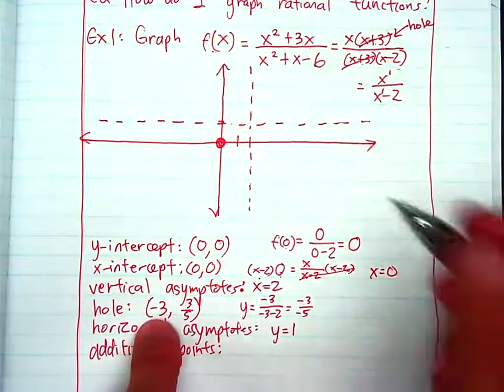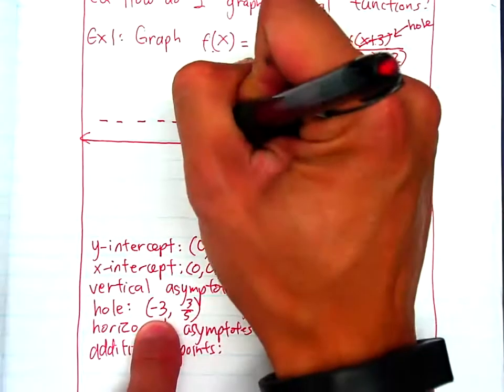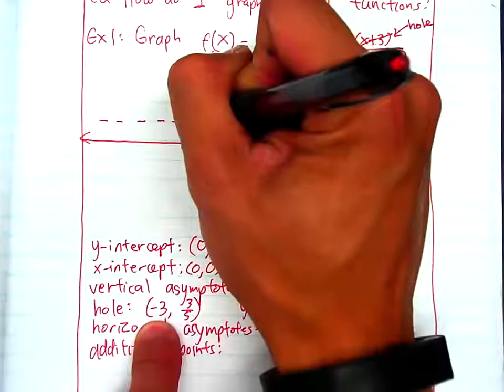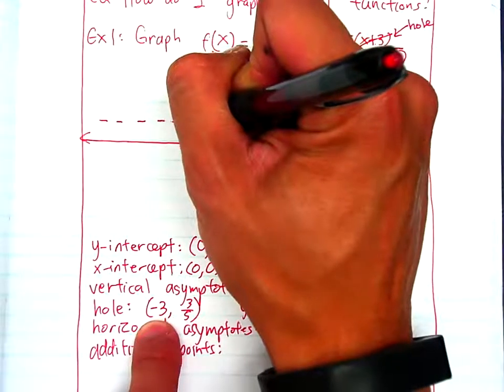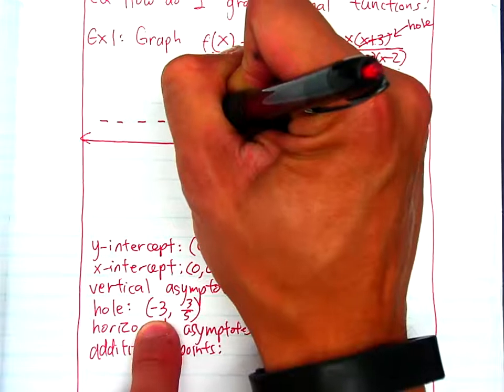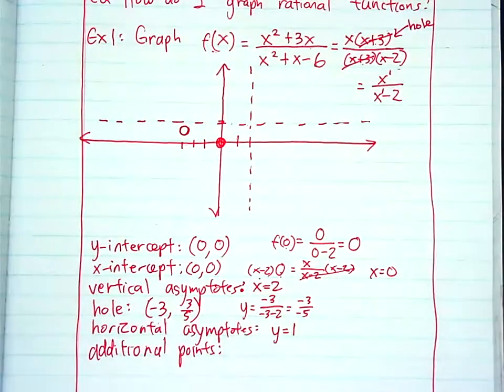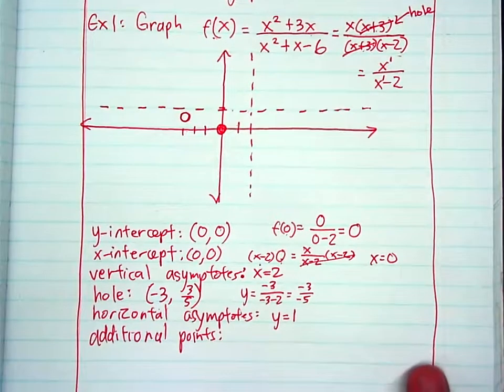And I have a hole at negative 3, comma 3/5. So I know 3/5 is less than 1. It's a little more than halfway up. So I'm going to draw a hole here.